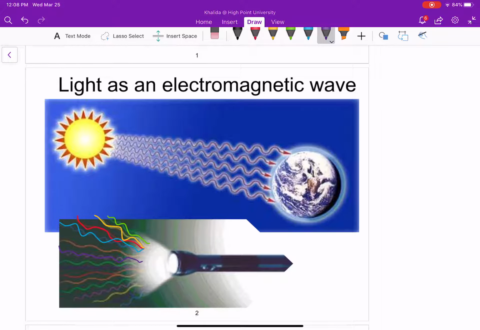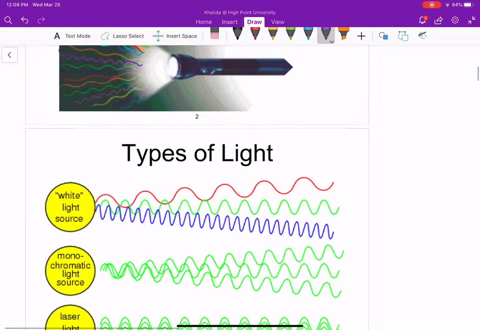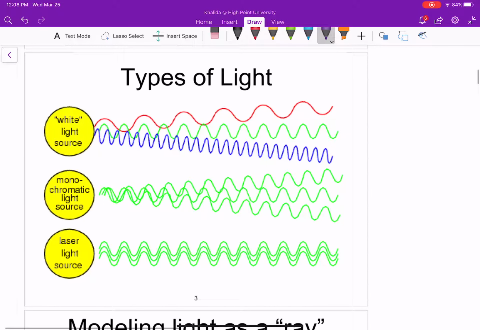The sun also produces a whole bunch of wavelengths, although of course in this picture it's not showing it. So there are three types of light. We have what's called white light, which is a mixture of many different wavelengths. In fact, properly speaking, white light is a mixture of every single wavelength in equal intensity.